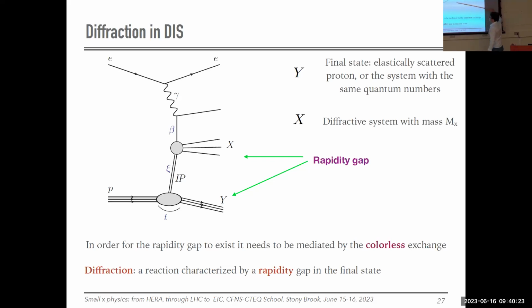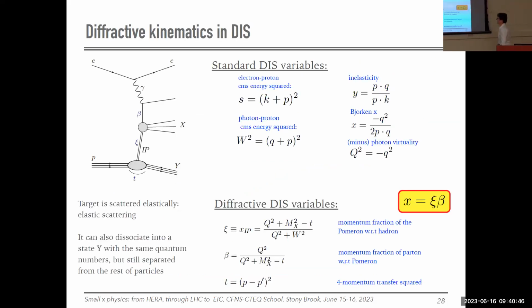So the definition of a diffractive event is that you're looking at an event where at some point there is a large rapidity gap with no activity in the detector. And for this to happen, you need some colorless exchange, because if you exchange color, then you start radiating.